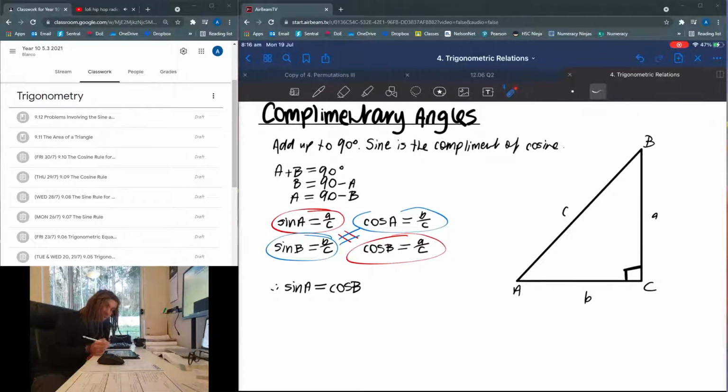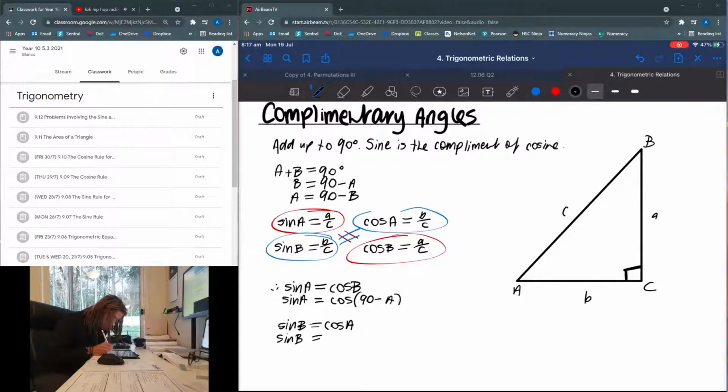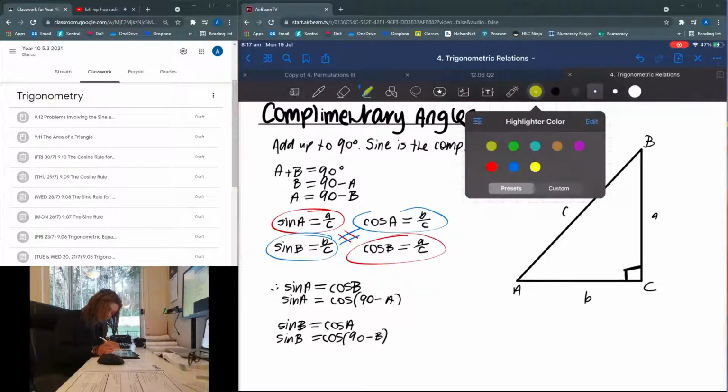Now, what we know about B is that it's also 90 minus A. So I know that sine A is equal to cos of 90 minus A. And the converse, so sine B is equal to cos A. But I know that B is 90 minus A, so sine B is equal to cos of 90 minus B. So these are actually two very important results.